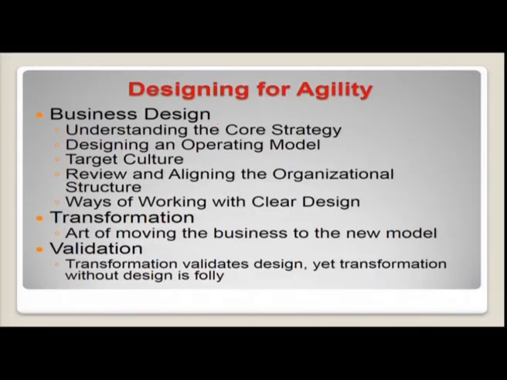Then let us see designing in agility. As far as designing in agility is concerned, it is something like a Venn diagram. It is broadly classified into 2 groups. One is business design, the other one is transformation. When you join the 2 circles together, you have an intersection point.